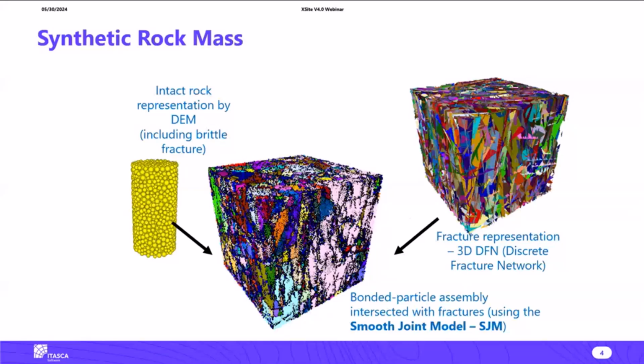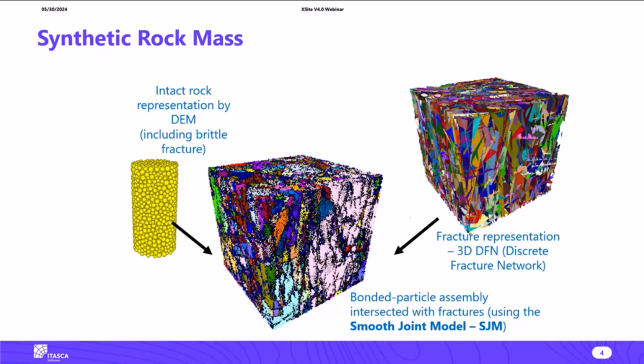So this slide illustrates the synthetic rock mass, which has two components. One, shown on the left side, is the representation of the brittle rock mass using a packing, in this case of spherical particles, and we sometimes call it a bonded particle model.